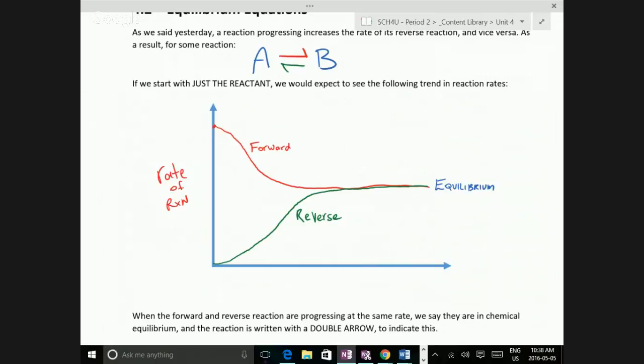We're going to talk about that today. But we know that at equilibrium, the two reactions will be happening at the same speed. Now, at equilibrium, the concentrations aren't necessarily equal, but at equilibrium, the concentrations will do what? Yeah, they'll remain constant. Once we're at equilibrium, the very definition of equilibrium is the concentrations are going to stop moving.